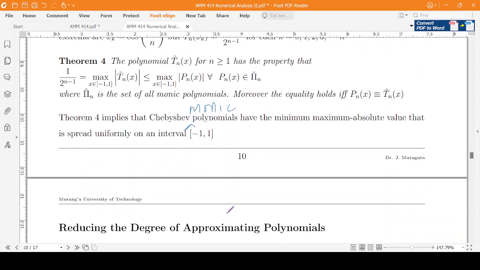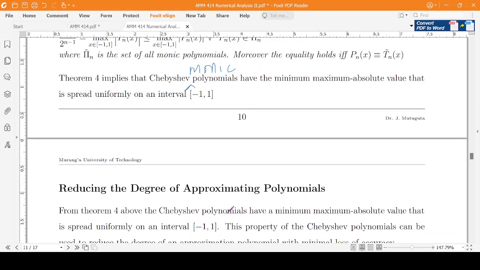And this is an important property that is usually used in reducing the degree of polynomials when we want to do interpolation or extrapolation. That is, when we want to do an approximation, we can use this property of the Chebyshev monic polynomials to obtain a polynomial of lower degree that can be used in approximation.